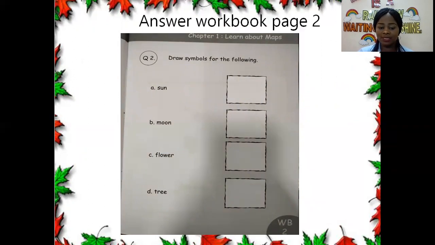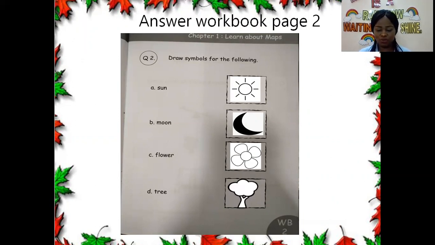A, draw a symbol of a sun. Very well. B, draw a symbol of a moon. Very good. C, draw a symbol of a flower. Excellent. D, draw a symbol of a tree.